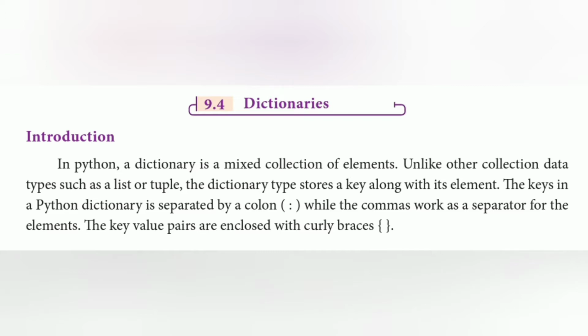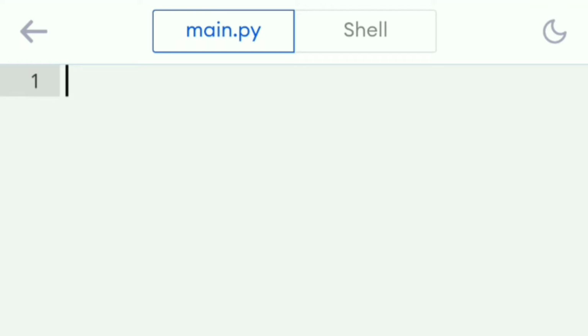Use the Python online editor or Python IDLE to execute all the programs. Okay, now let us create a dictionary. First of all, we have to give the name for the dictionary. Then after equal to, inside curly brackets, we have to specify the key element. For that, inside quotes, you can give any name for the key. And after this, we have to separate key and element by colon.